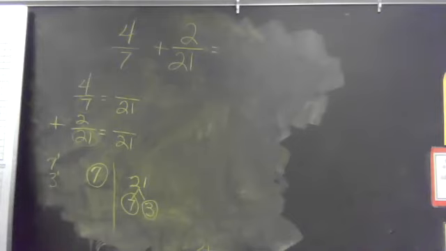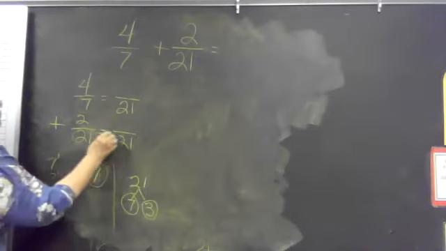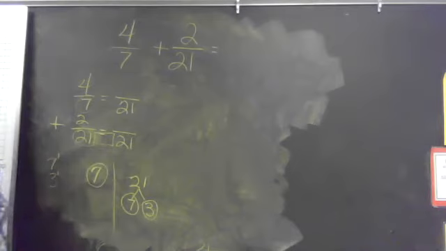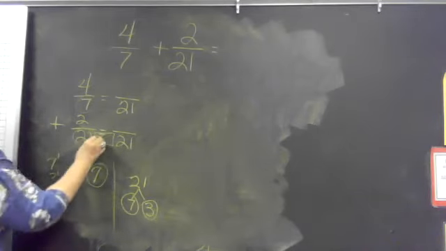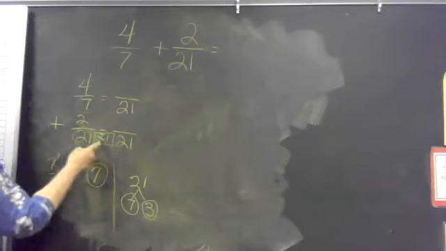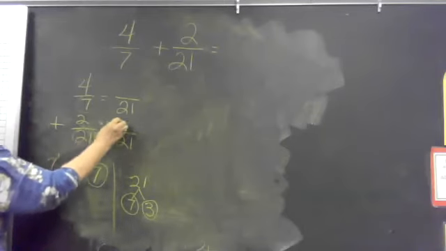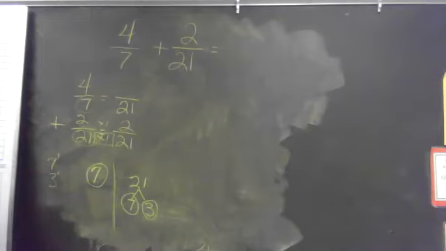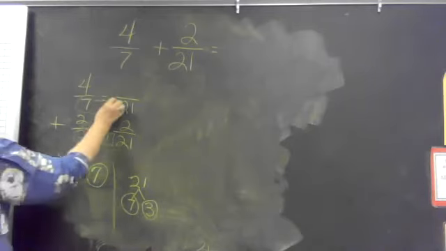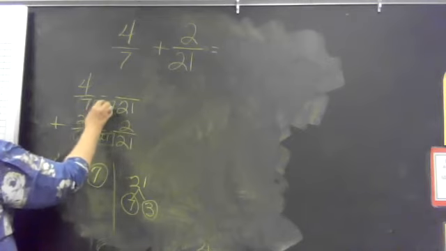Okay. So what did I have to multiply by here? Just times 1 because it's the same. Times 1, so if I multiply by 1 here, I get 2. Are we good? What did I multiply by here? 3.